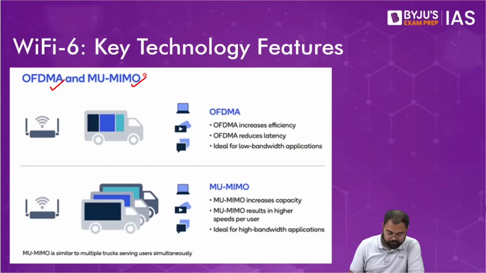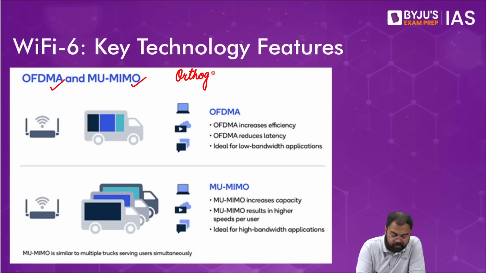When it comes to Wi-Fi 6, the first one is OFDMA. It will not be very crucial, but you should know as a technology what exactly it is.